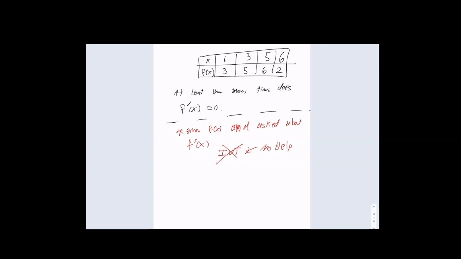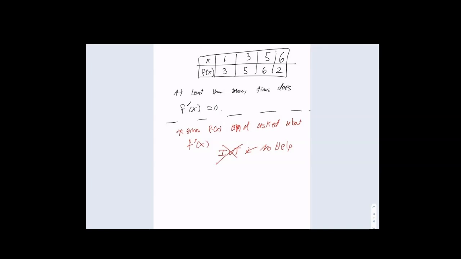If I give you a function and ask you about that function, that's IVT. It doesn't matter if that function is f or f prime. This is an instance where that does not happen.